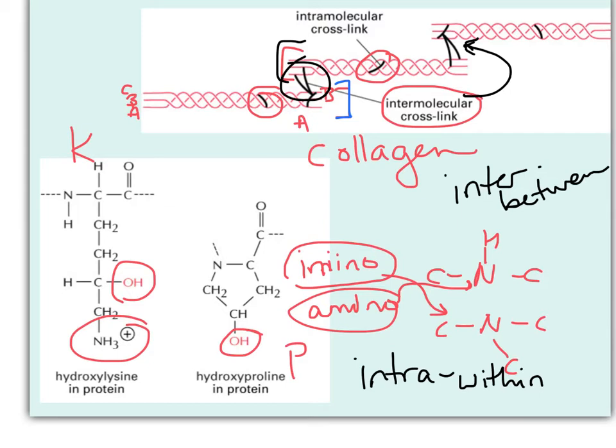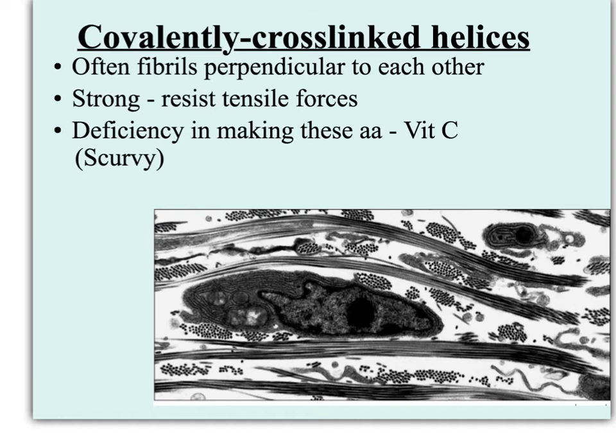So these crosslinks are what make these proteins incredibly strong. Remember I told you collagen was incredibly strong. What we have now are covalently cross-linked helices. These covalent crosslinks are what make collagen one of the most sought after, right?